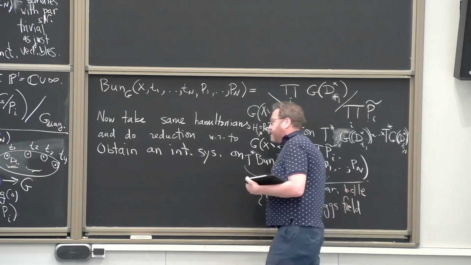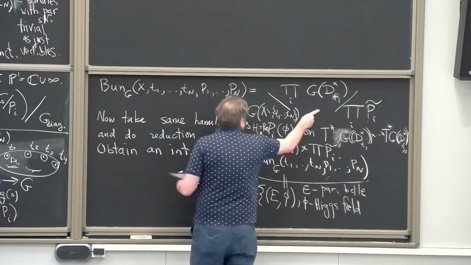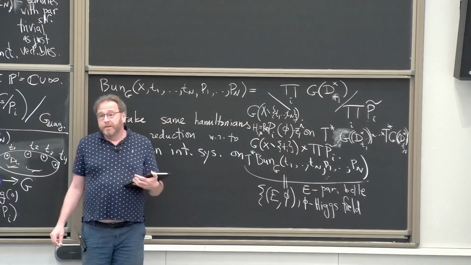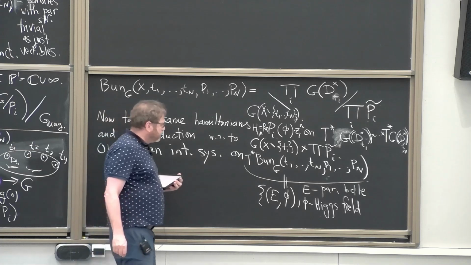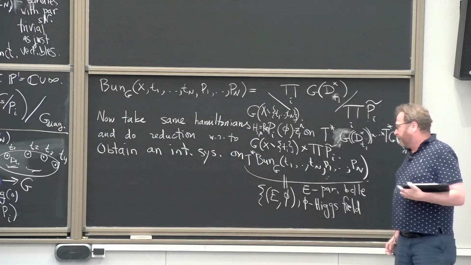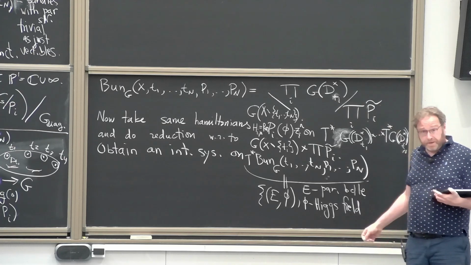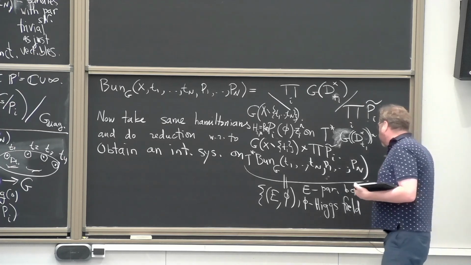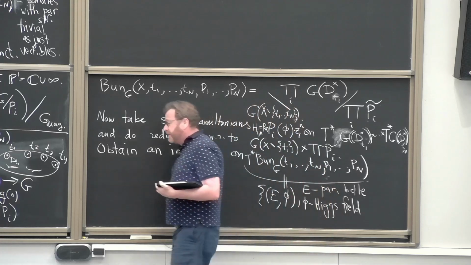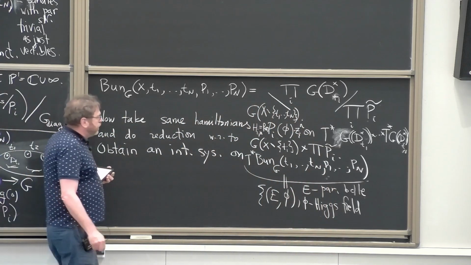Of course, now we have a bigger space of E's, bigger by the product of the flag manifolds, so it has bigger dimension. We should also have a similarly bigger space of Higgs fields, because the dimension has to increase by the same amount. This means that it's not enough to just take Higgs fields for the bundle E. We actually should allow singularities.